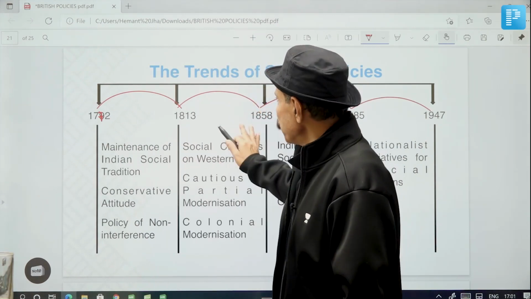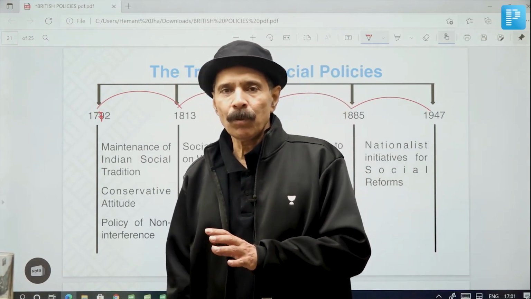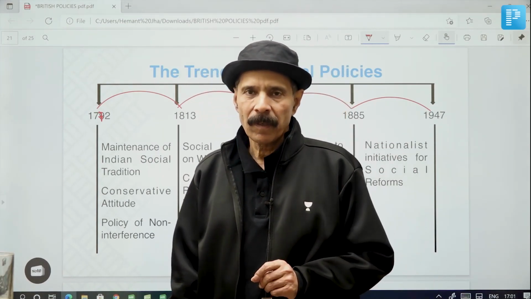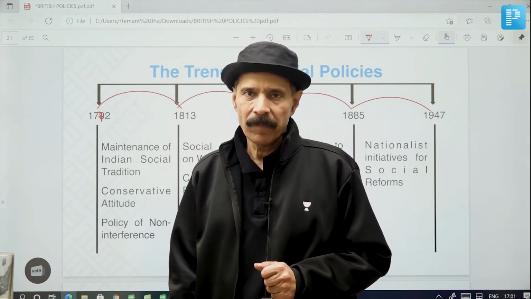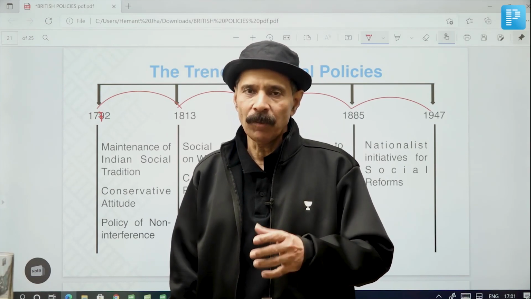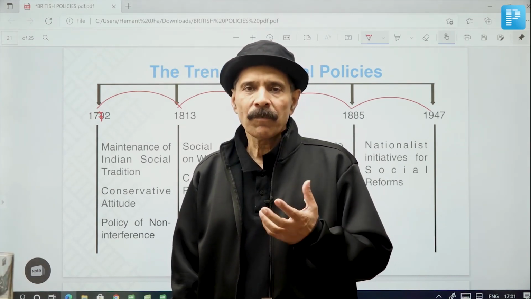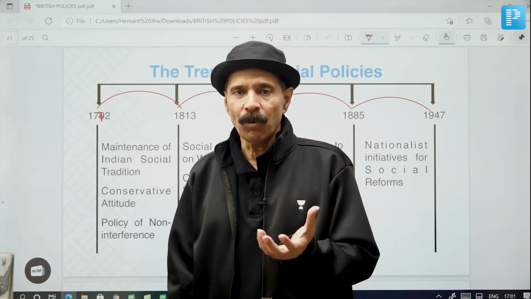So in the first phase, the social policy was the policy of no social change on Western lines and policy to maintain Indian social tradition, including educational tradition. This was the phase when we find influences of the Orientalist.